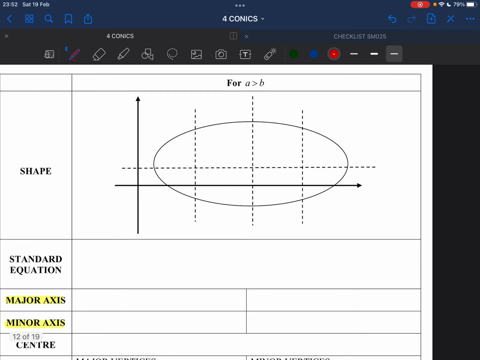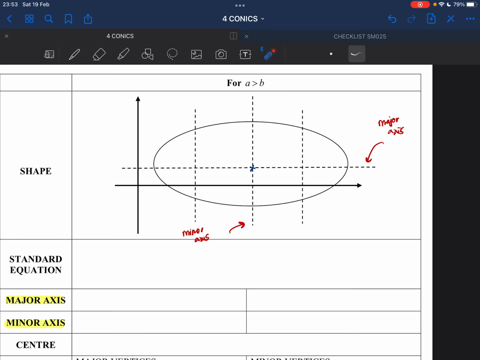So here I am going to label all the keywords that I said earlier. Here we have the center. This is what we call the major axis, and this is your minor axis. If the shape is vertical, obviously the major axis is vertical.